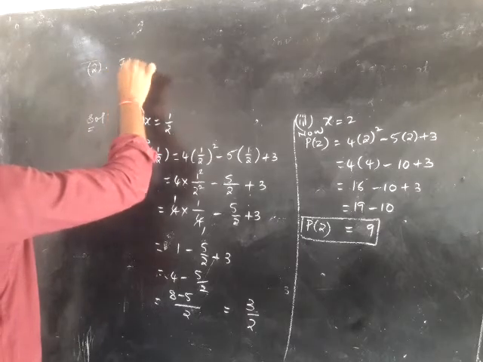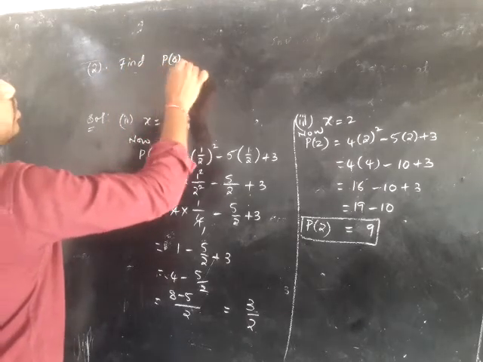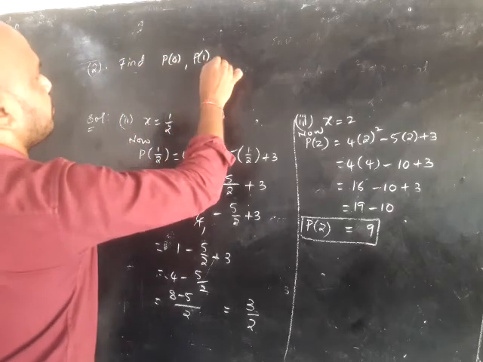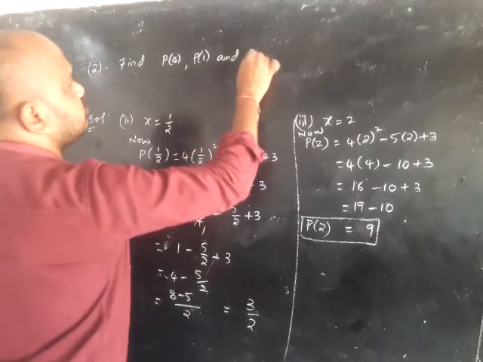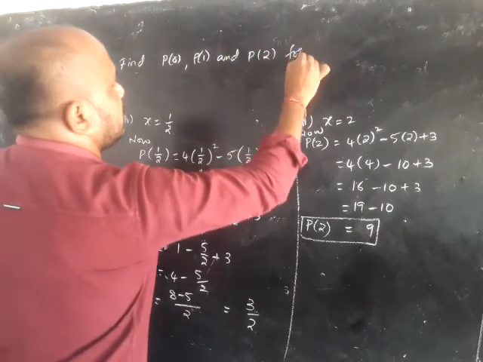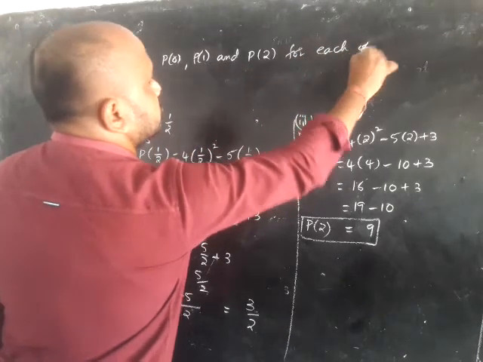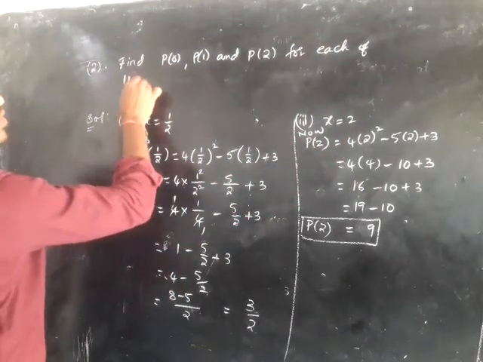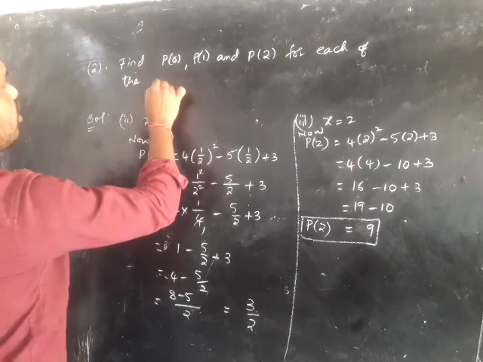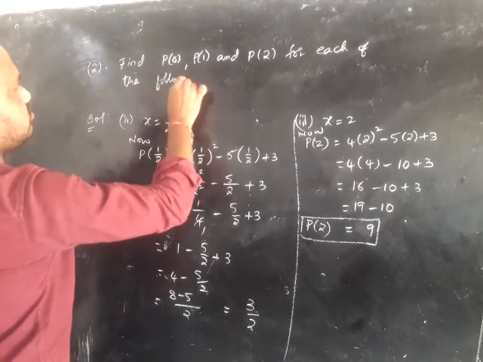Find p(0), p(1) and p(2) for each of the following polynomials.